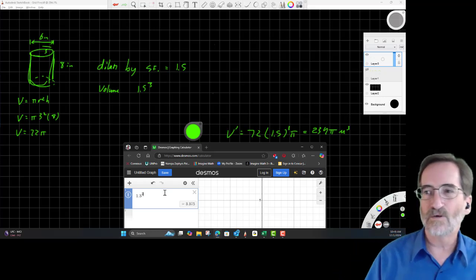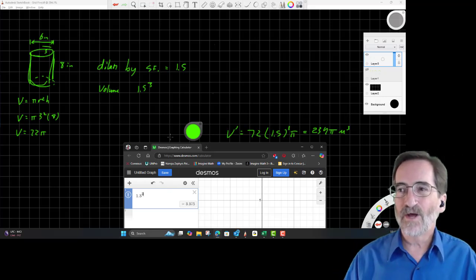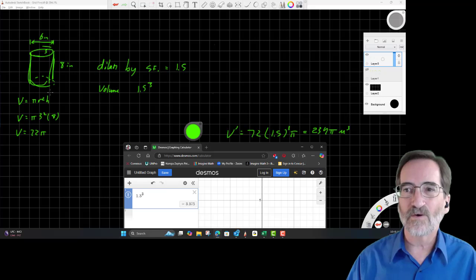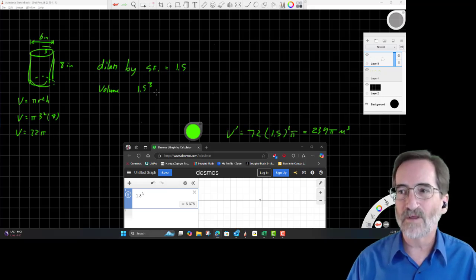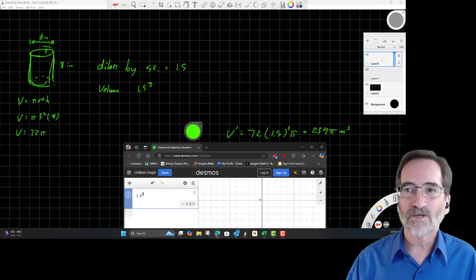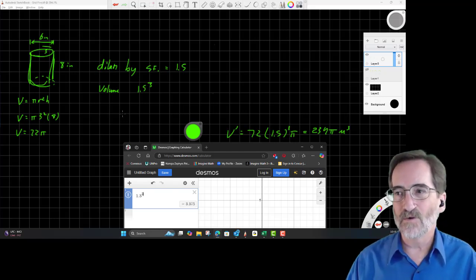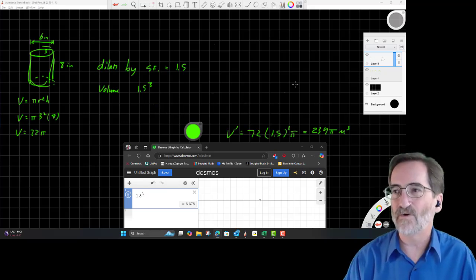Okay? So that's how to find the volume. If you're given an original volume, multiply the volume by the scale factor cubed. Or if you're given a shape, find the volume and then multiply that by the scale factor cubed to find the new volume.